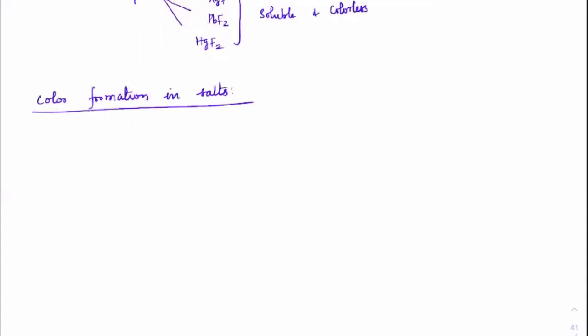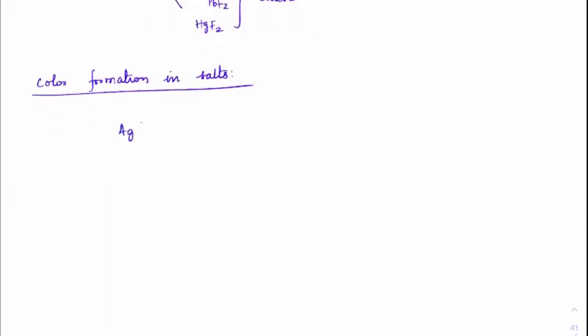The best example I will take is AgF, AgCl, AgBr, and AgI. I'll ask you a few questions. First, tell me, out of these four, which is more covalent? You have heard of that, correct? So we know that AgI has more covalent character, and AgF has more ionic character.